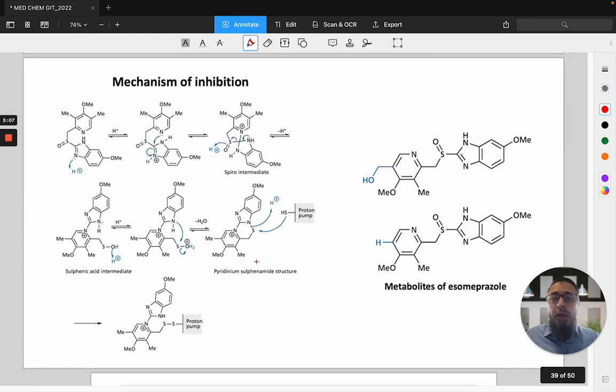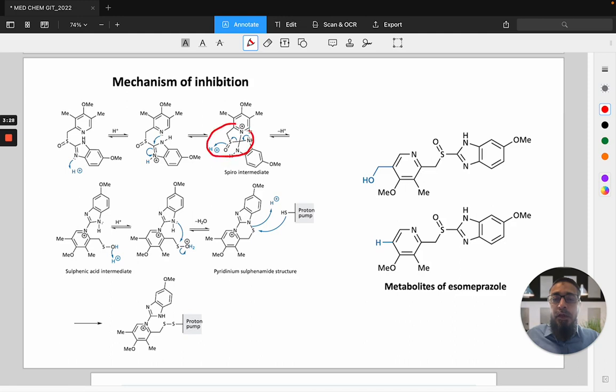The mechanism of action of the proton pump inhibitors starts from the protonation of this imidazole nitrogen, and after that this nitrogen of the pyridine will attack this double bond, and it will form the spiro intermediate.